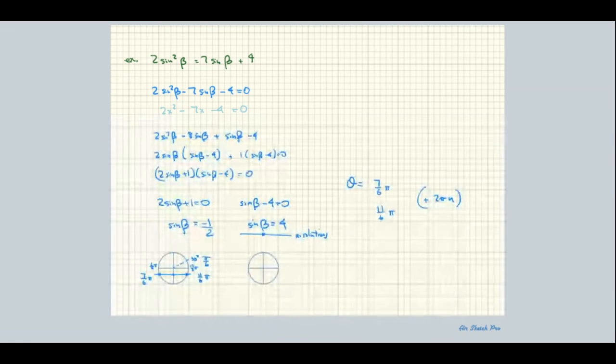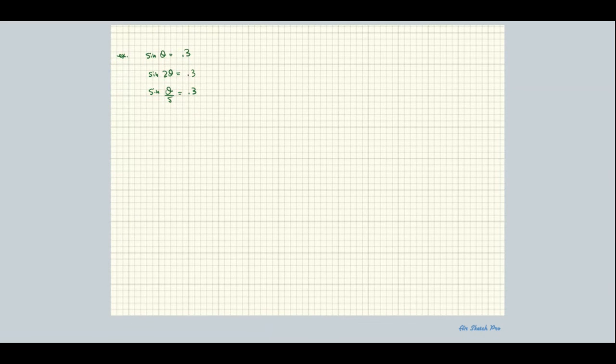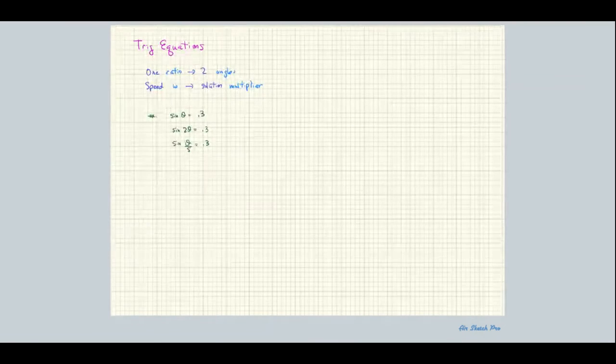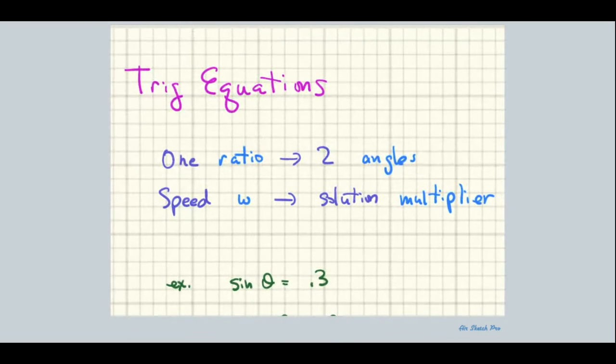Now, for our last little piece of fun here, we are going to put on some speed. And I don't mean just because we only have like 7 or 8 minutes left. I mean speed, as in angular speed, omega. Now remember, we had one ratio, I'm expecting two solutions, two angles.